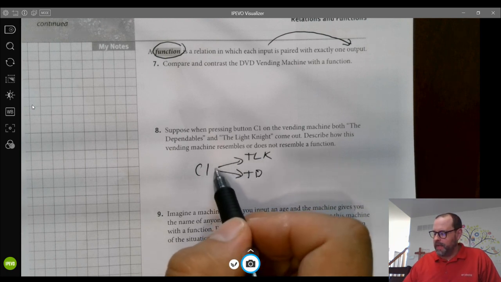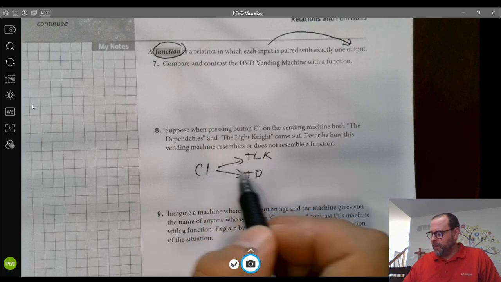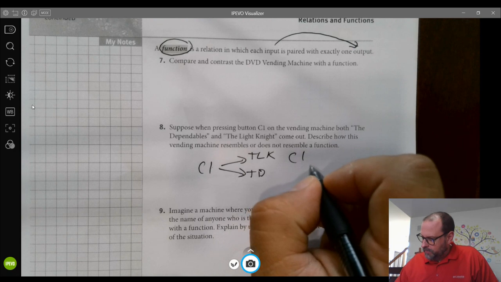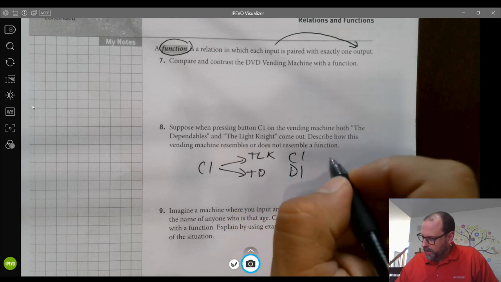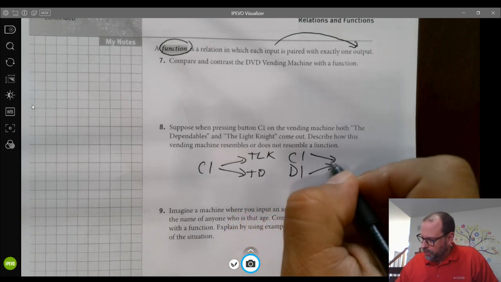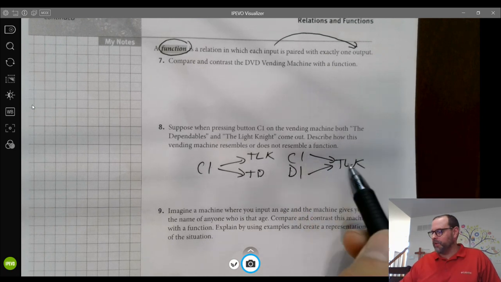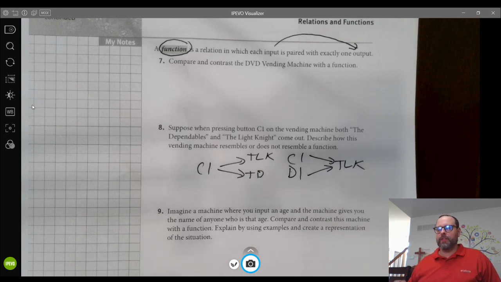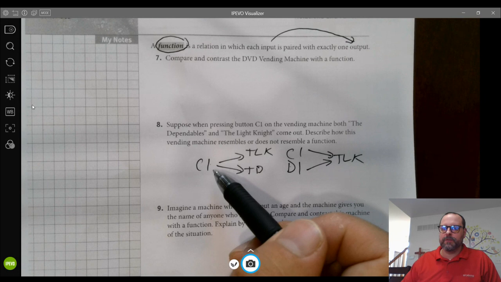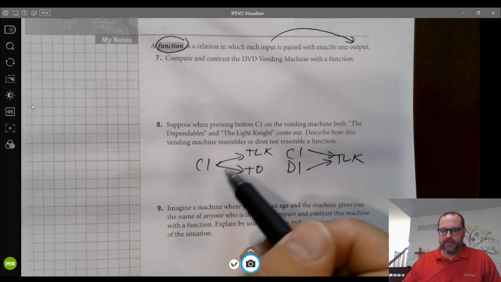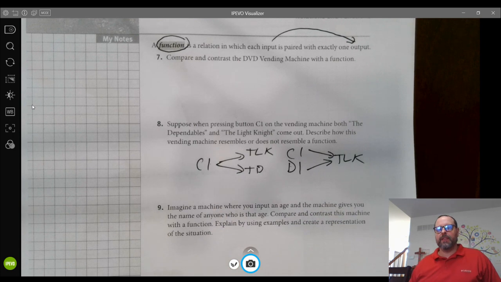A function would only have from the input an arrow going to one spot. Now, maybe you had C1 and D1 both going to the light night. I know there are 2 of those. That's okay, because the input is still going to only one output. Doesn't matter if it goes to the same output, that's okay. What we can't have for it to be a function is that the input has double outputs. Okay, that makes it not a function.